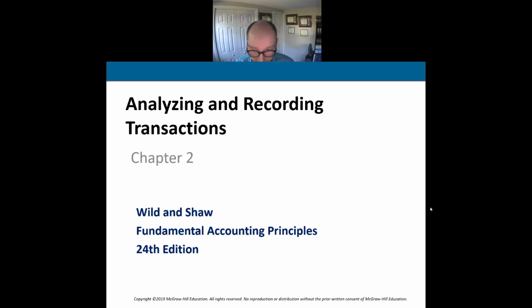We're not using a physical ledger. We're not using a physical piece of paper and writing down these transactions. Those days are long gone. We use software. We're in the 21st century, right? So we use software for recording transactions. And we'll talk a little bit more about those different nuances throughout the chapter.